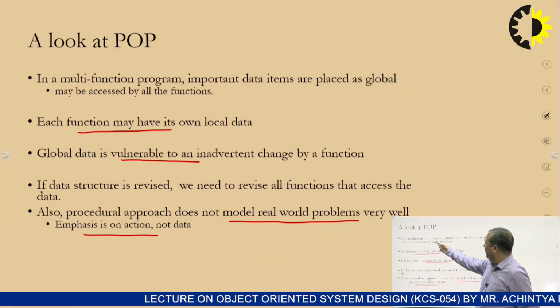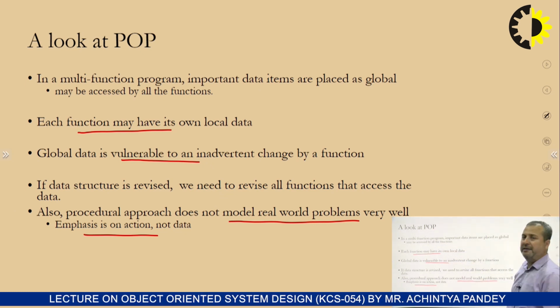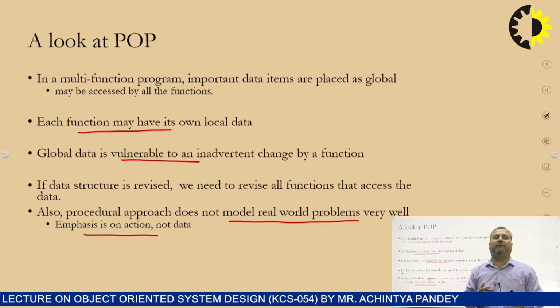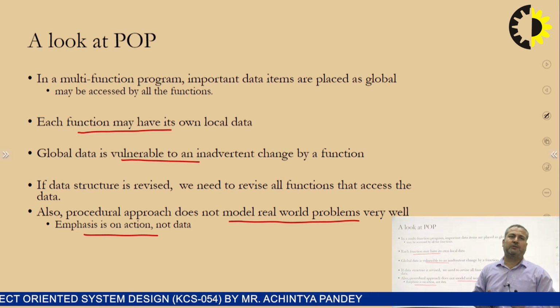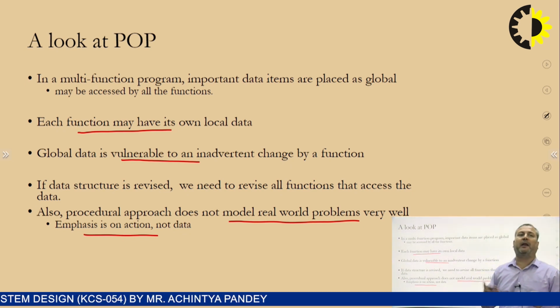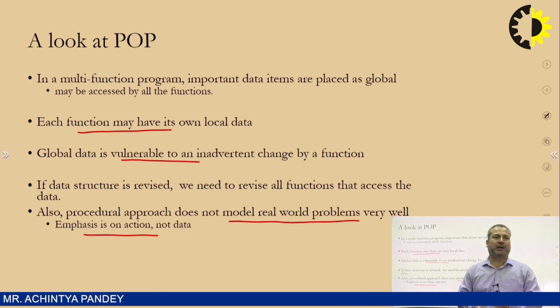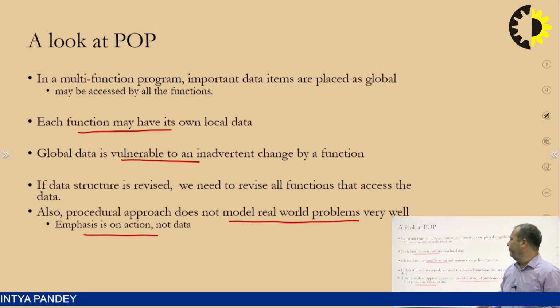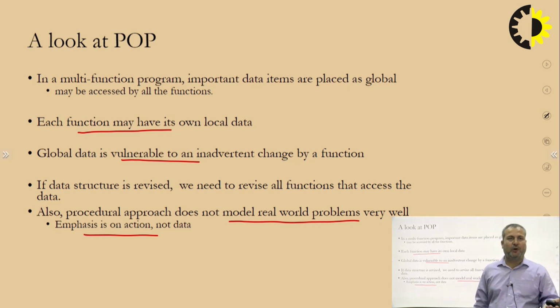So we just continue. In a multi-function program, important data items are placed as global. So if a data item or variable is going to be used by so many functions, then that variable in procedure oriented programming can be declared as a global variable, external storage class, and that global variable can be accessed by all functions of the program, right? In addition to that, each function may have its own local data.